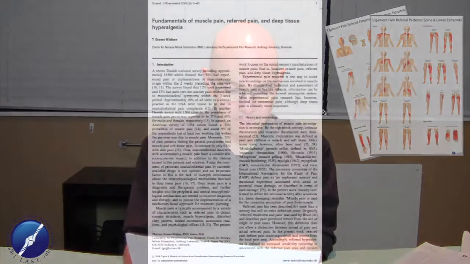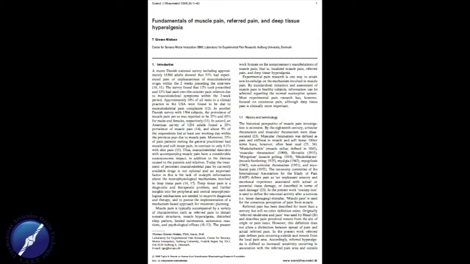It took me a long time to contact a number of physiatrists and neuroscientists in the world, and I was blessed to make contact with a professor named Thomas Graven-Nielsen. He was kind enough to send me a 45 to 50-page research document on referred pain, describing the neurophysiological model for referred pain.